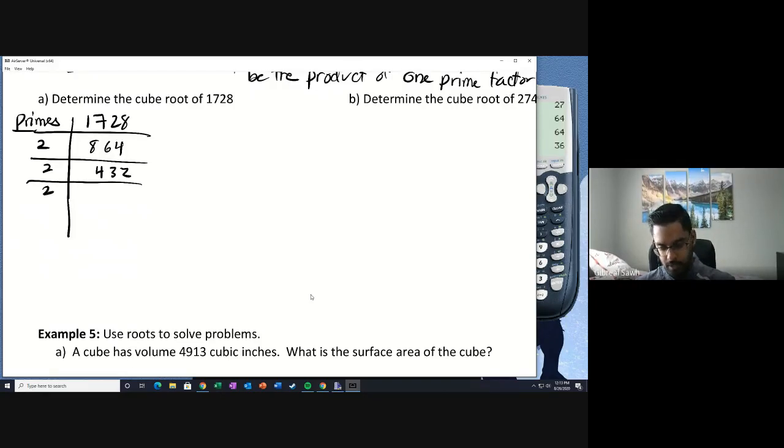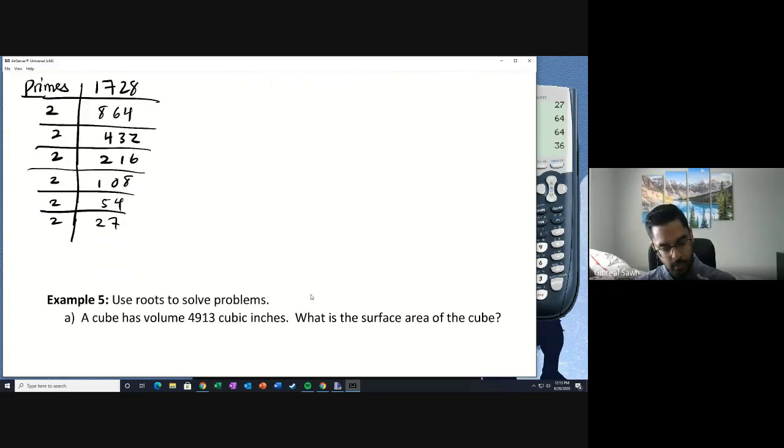Another 2, and you're going to get a 216. Another 2 for 108. Another 2 for 54. Another 2 for 27. Okay, now we're off the even numbers into the odds. So 3 for a 9, 3 for a 3, and 3 for a 1. So there are all of our prime factors listed out.